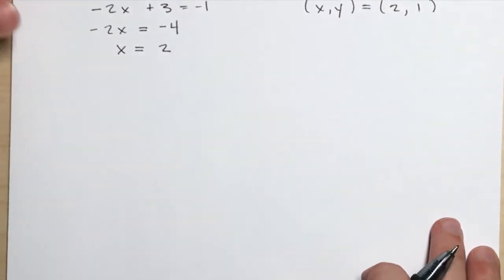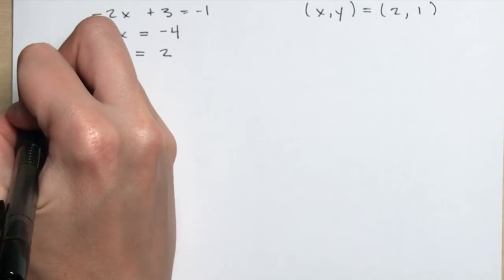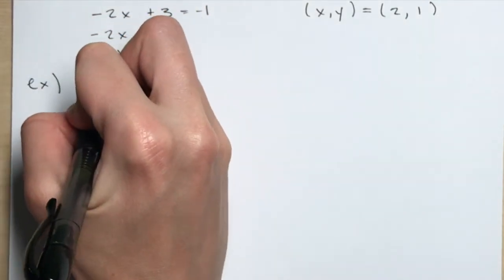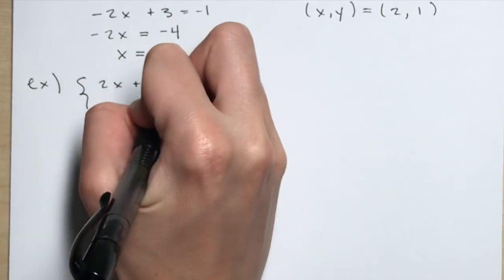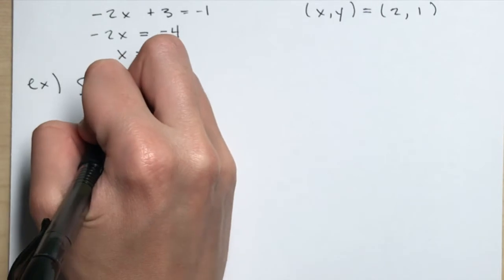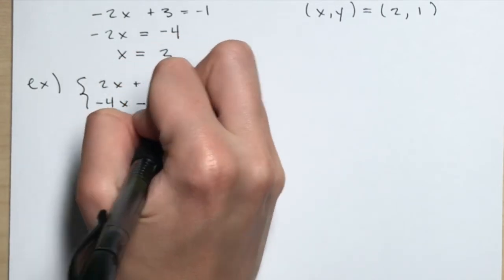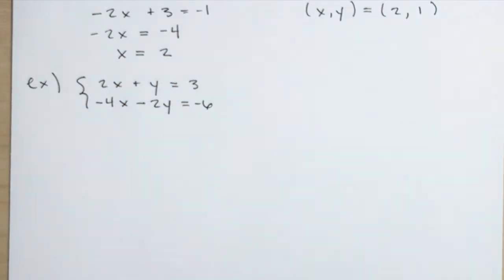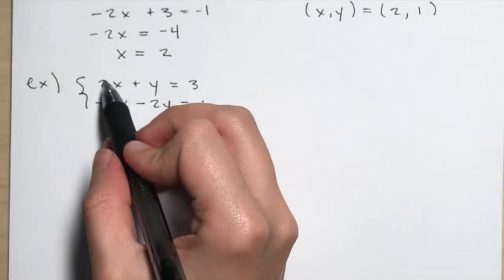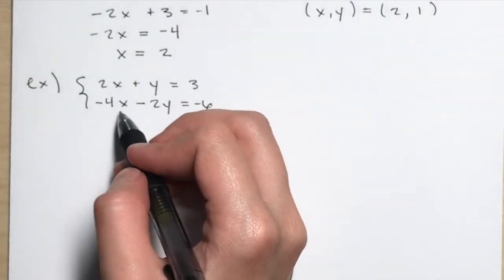Okay, next question. Let's say I've got 2x + y = 3 and -4x - 2y = -6. Well, what can I multiply to get equal coefficients with opposite signs?